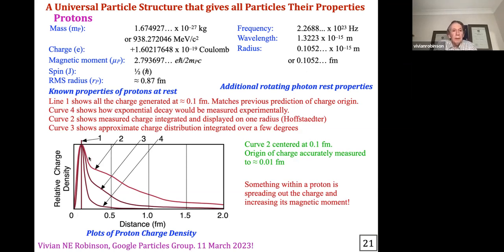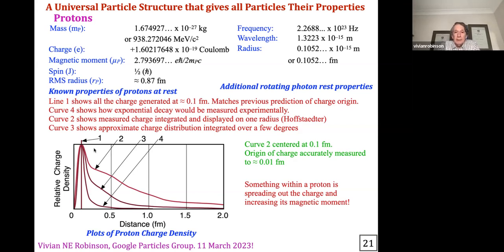If it was measured experimentally, you call it experimental limitations, you wouldn't measure it as a single point. You'll get a bit of an exponential decay. It's shown there. What is actually measured is this curve 2. It peaks at about 0.105, just about 0.1 FM.